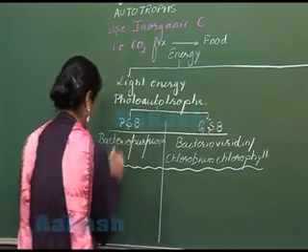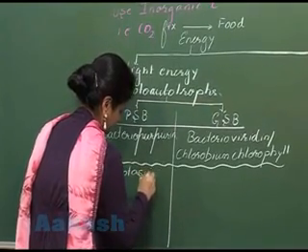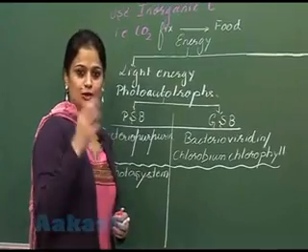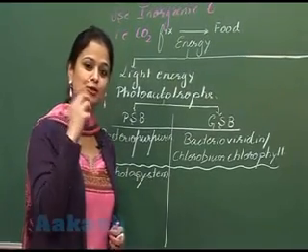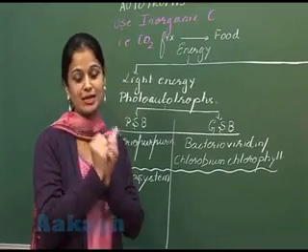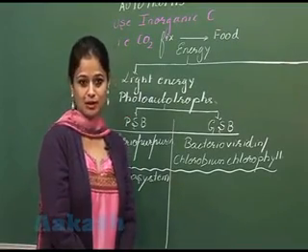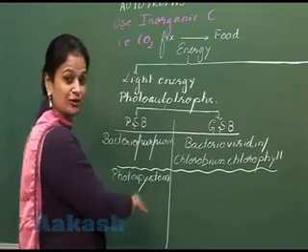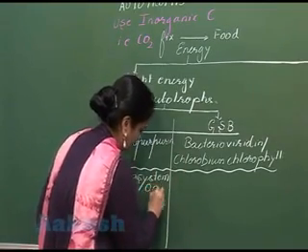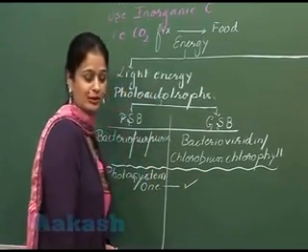Now coming to the photosystem. Photosystem represents a group of pigments, that is a group of pigments which are involved in the photochemical act. Both in the purple sulfur and green sulfur bacteria, there is presence of only one photosystem. Right?